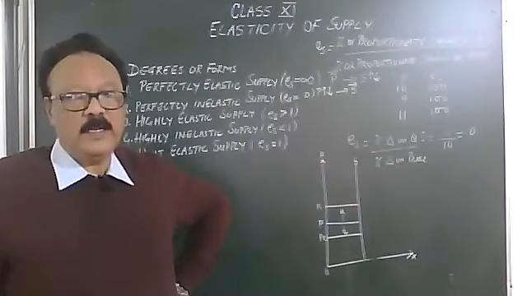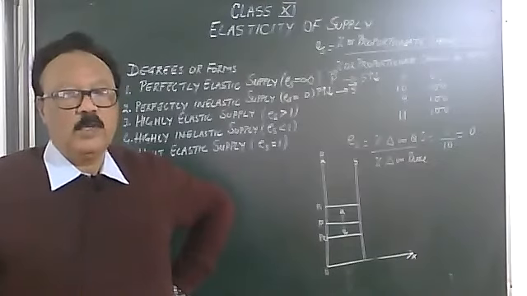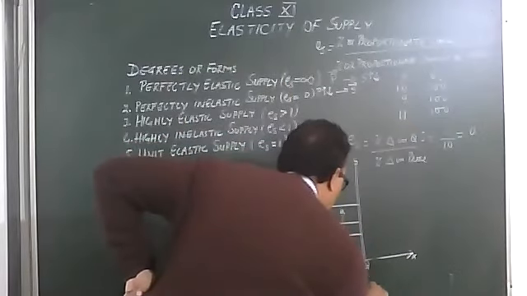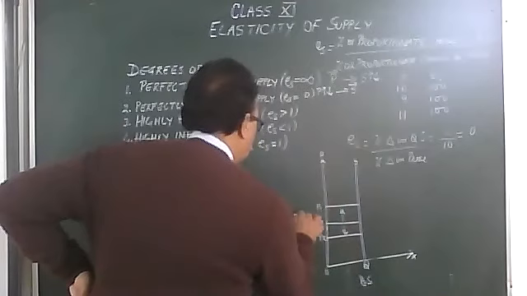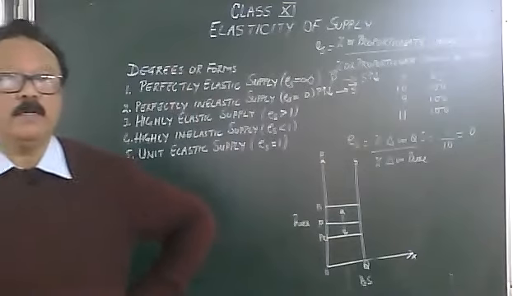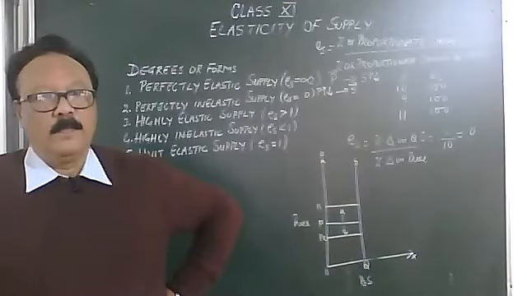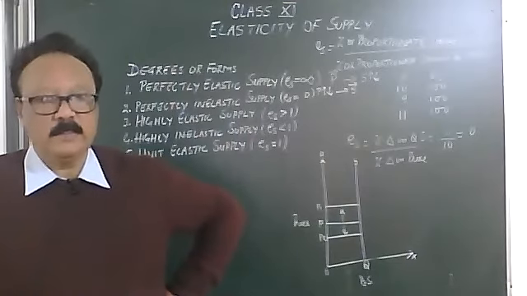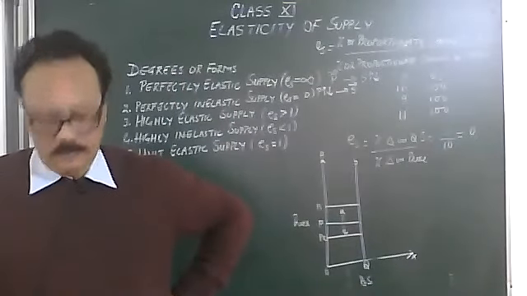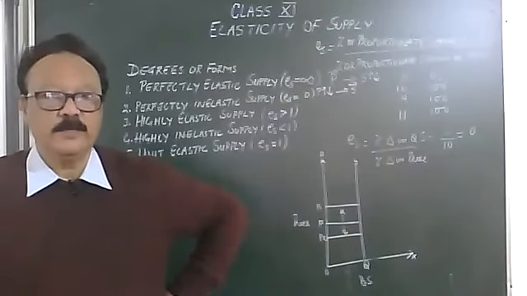How much is the increase and decrease? 10%. So you will have a vertical line, the quantity supplied on the x-axis, and this is the price. The supply curve will be vertical or parallel to the y-axis. You can write down: it is an imaginary situation.